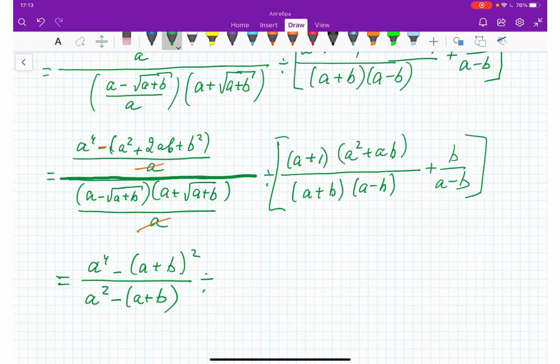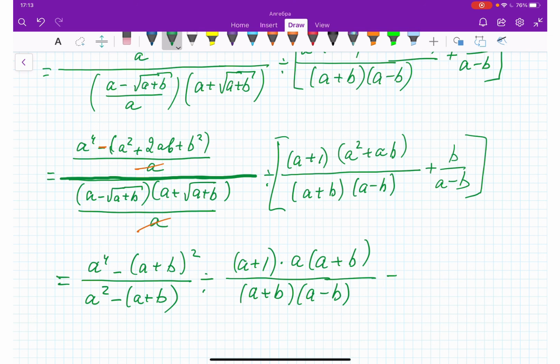Divided by a plus 1. Here, in the second parenthesis, I can take out a times a, and I will have a plus b. In the denominator, I have a plus b times a minus b and plus b over a minus b, right? So what do we have here?